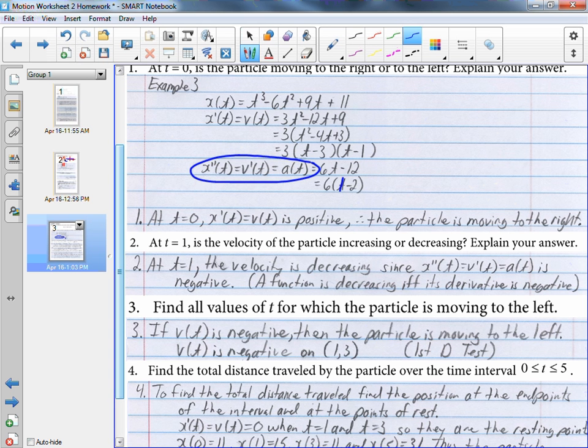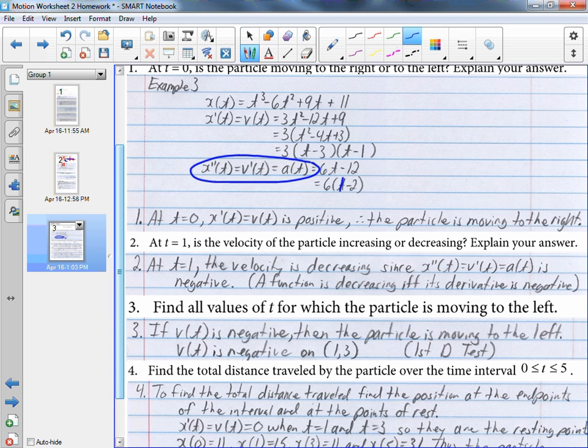Does that make sense? Number 3, find all values of t for which the particle is moving to the left. The particle is moving to the left whenever the derivative of the position function is negative, whenever the velocity is negative.